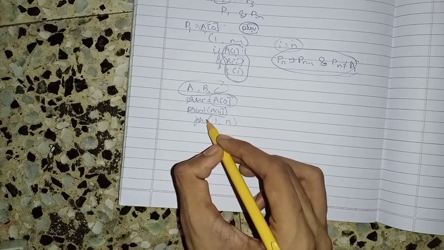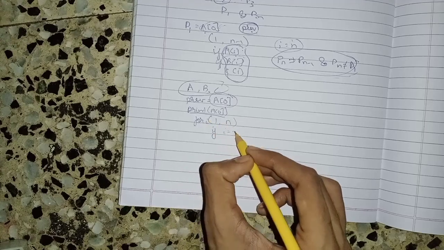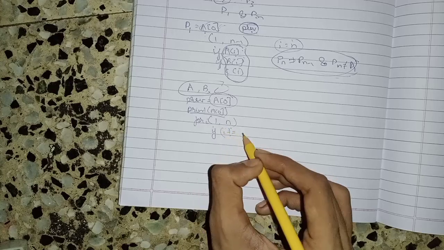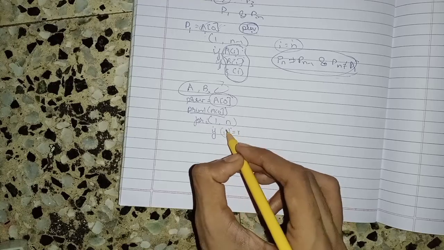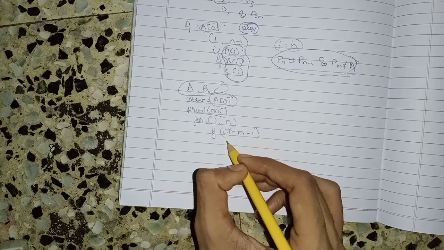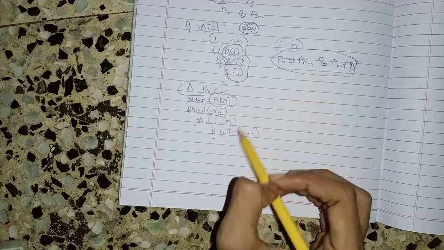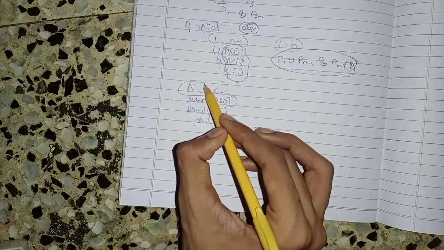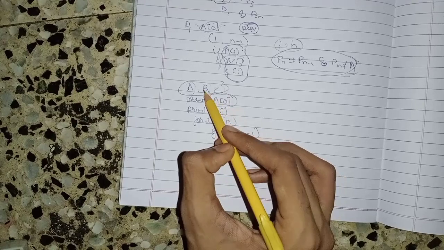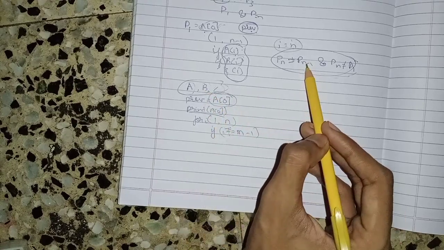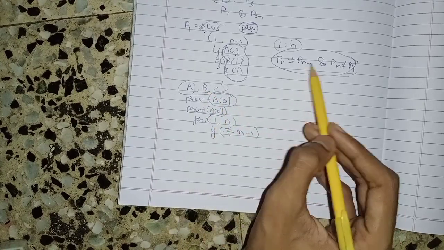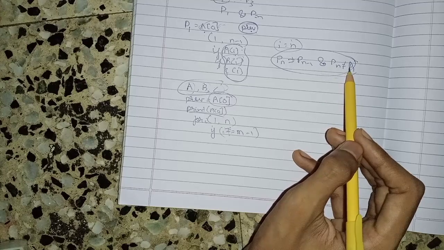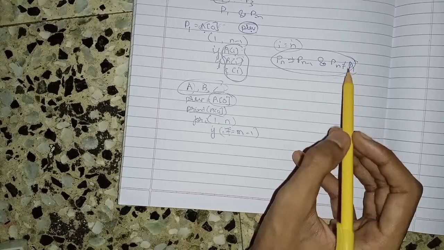If my loop variable is equal to the last element, then I have to check that whichever of ai, bi or ci I am going to choose, it is unequal to p of n minus 1 and unequal to the first element.